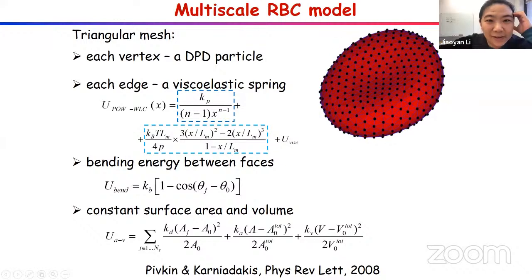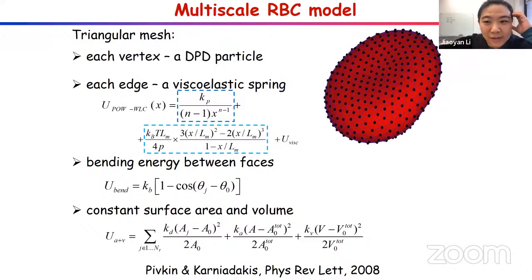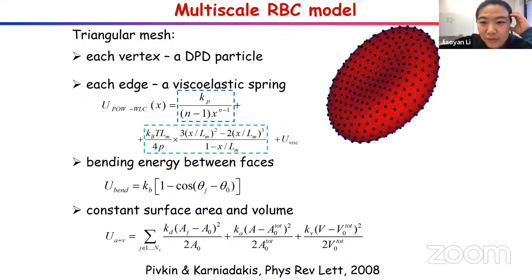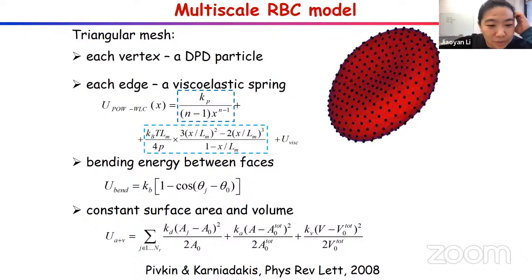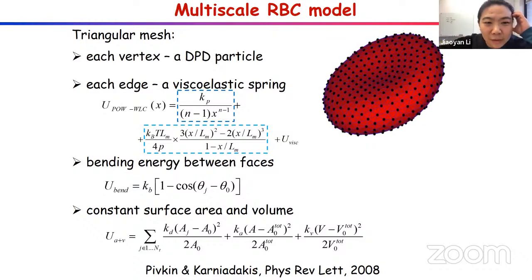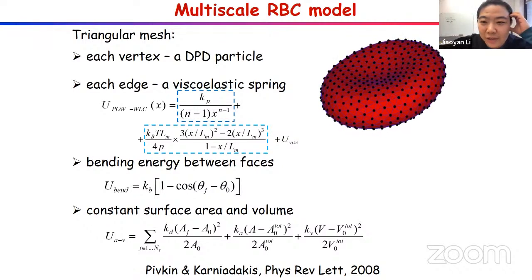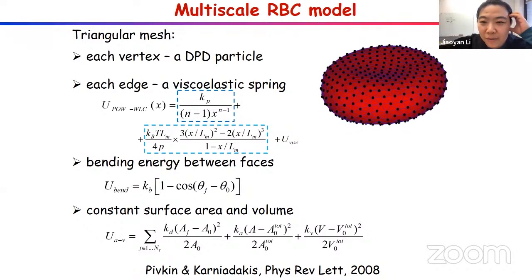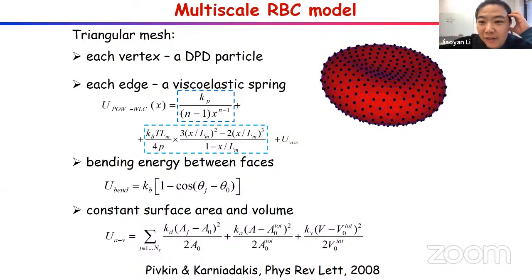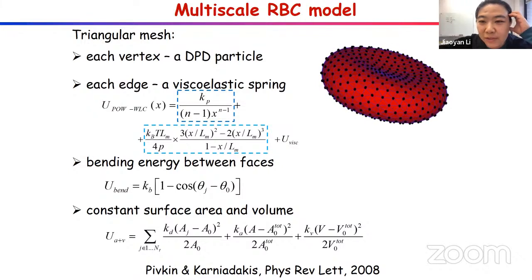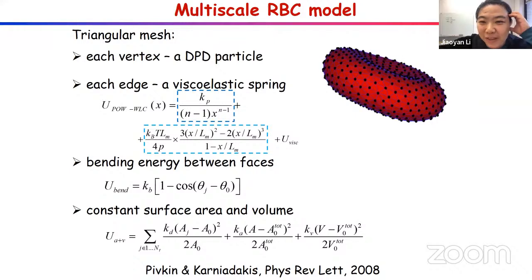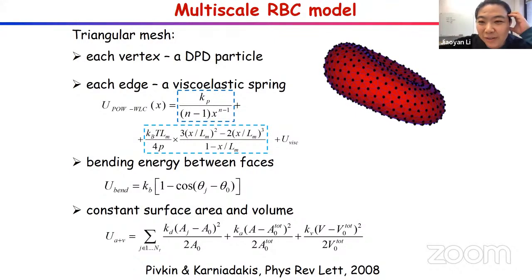Here you mentioned that the surface area and also the volume control the last one, the potential of the last formula, right? I'm just wondering, if you want to make a smaller triangle by using a finer mesh to represent the RBC structure, is there any other parameter we need to pay extra attention to?